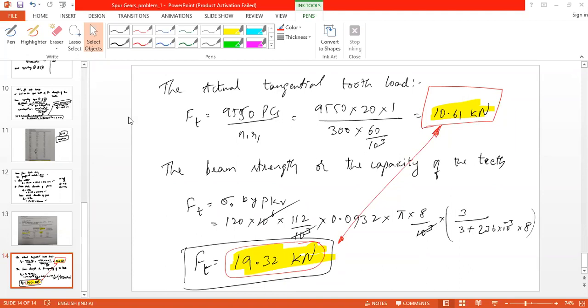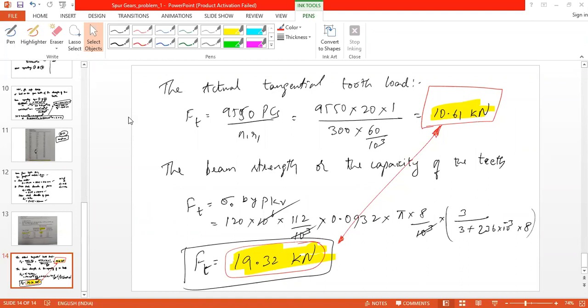The velocity ratio is 1:2, and the speed of the pinion is 200. The approximate center distance is 600 mm.